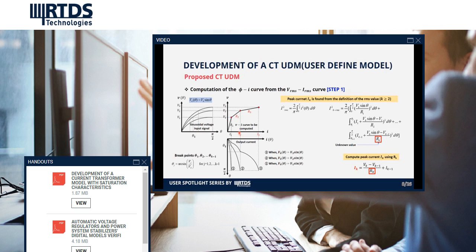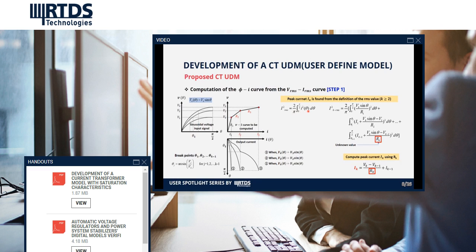Now the peak current at the remaining points except the first point can be calculated. Because of the symmetry of the VI curve with respect to the origin, it is sufficient to observe a quarter cycle. Assuming that the input voltage is Vk sin theta, then for the following segments, k greater than or equal to 2, the peak current Ik is obtained by evaluating the RMS current value for each segment k.